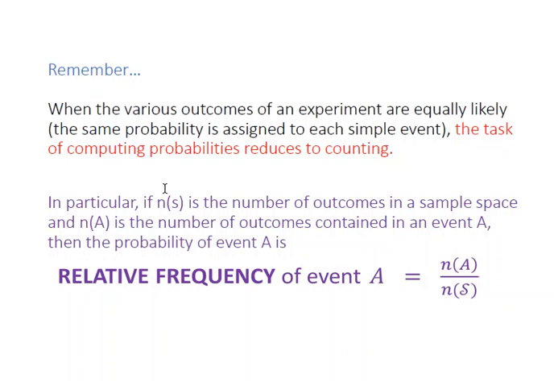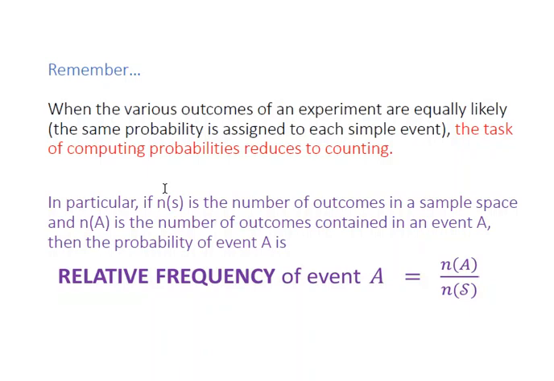When the various outcomes of an experiment are equally likely, it means the same probability is assigned to each simple event, then the task of computing probabilities reduces to counting.